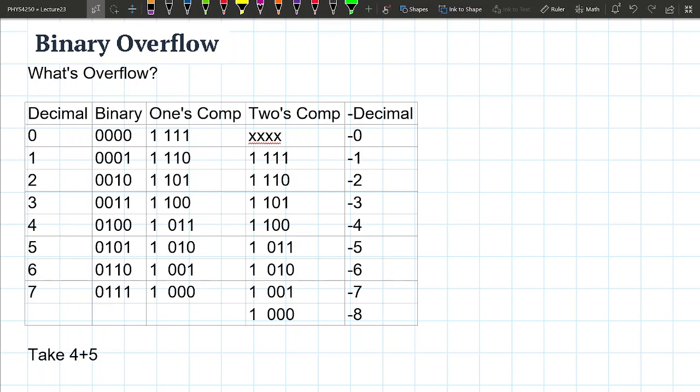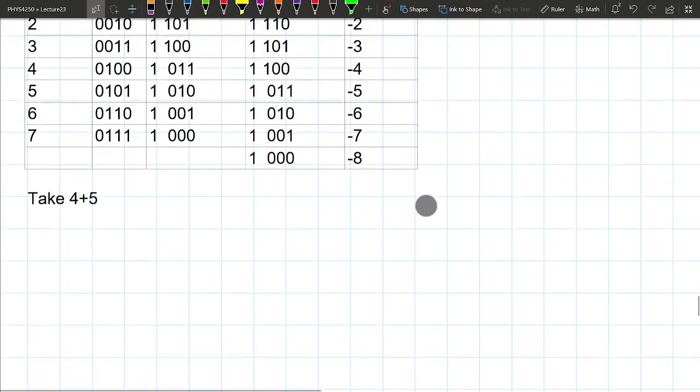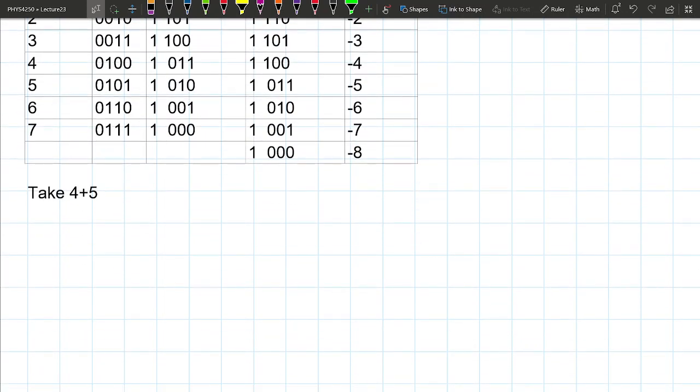Okay, so yeah, that's just me copying the table. So let's say we're doing 4 plus 5. 4 in binary, these are in decimal, okay, is 0, 1, 0, 0.